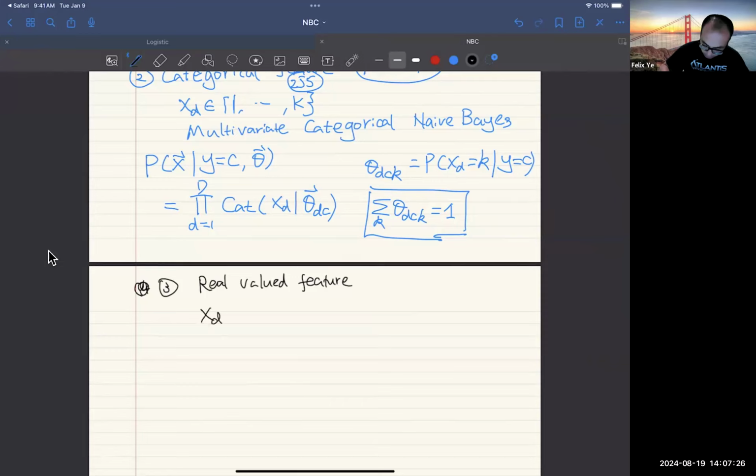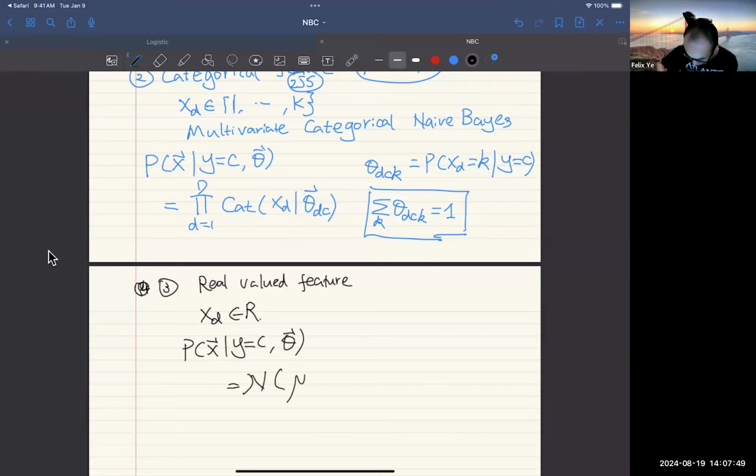So this x of d is in R. What we need to build as a model is the probability of x given y equal to c and theta, which is usually a normal distribution with some mu as a function of c, and some diagonal variances, so it's sigma c times the identity. So mu is also a vector here.